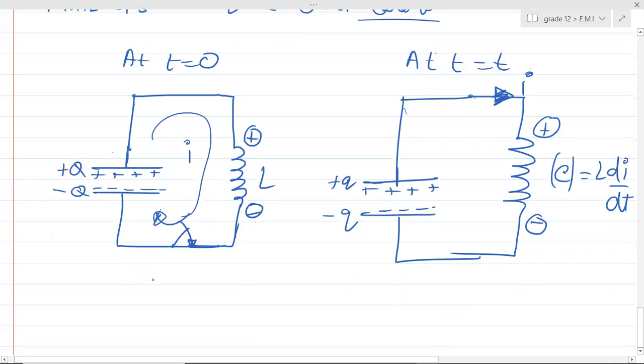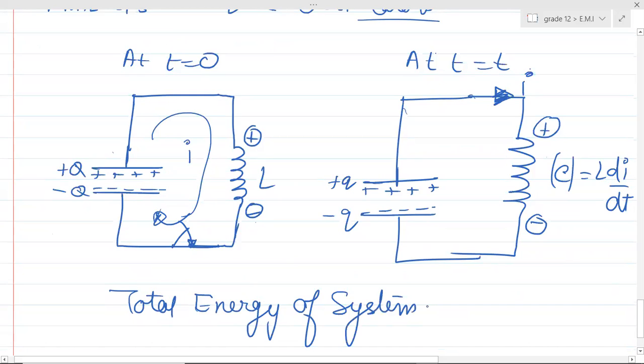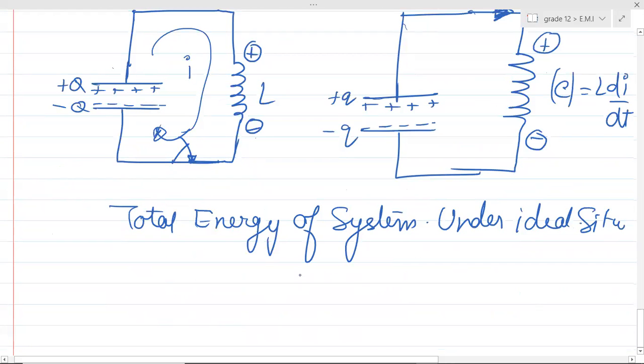What is the total energy of the system? The total energy of the system under ideal situations. Please remember, no resistance anywhere. So under ideal situations, will it be equal to half small q square by C plus half L into I square, and will it be constant?